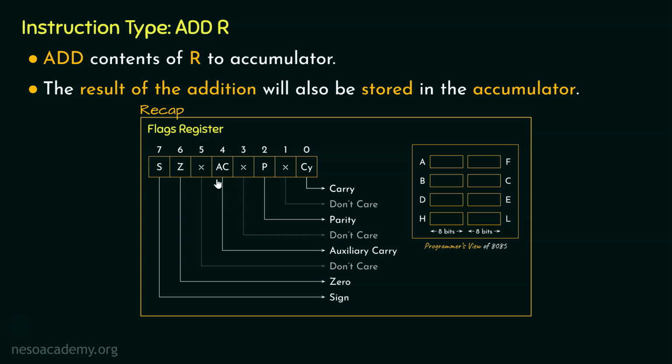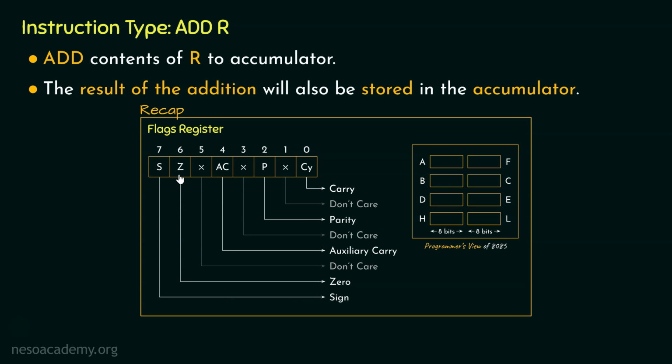Bit position number 4 is AC or auxiliary carry, and I hope you remember what auxiliary carry is. When we add a 2-digit hexadecimal number with another 2-digit hexadecimal number, the carry coming out from the least significant digits is known as auxiliary carry, and on the other hand, the carry coming out from the addition of the most significant digits is known as the carry. Thereafter, the bit position number 6 is Z or zero.